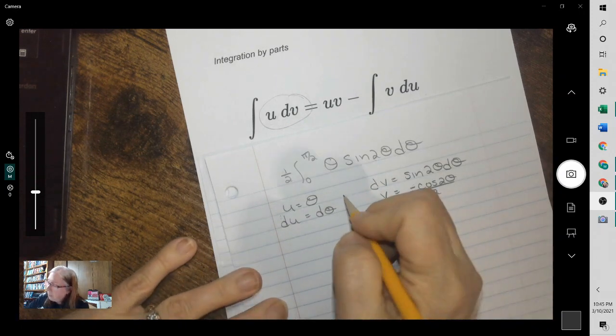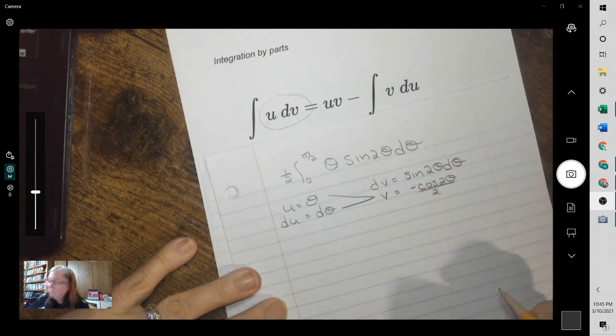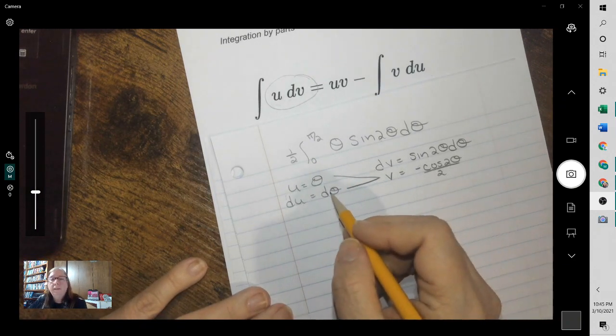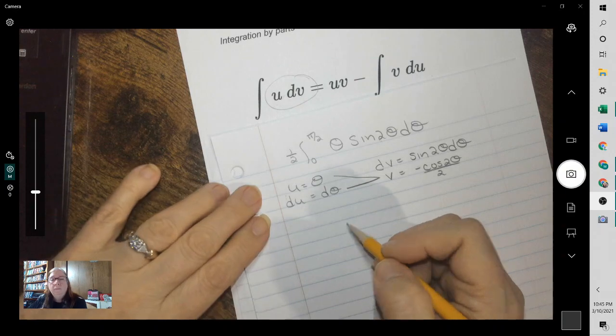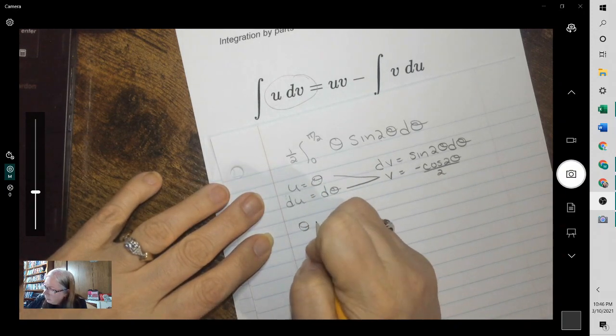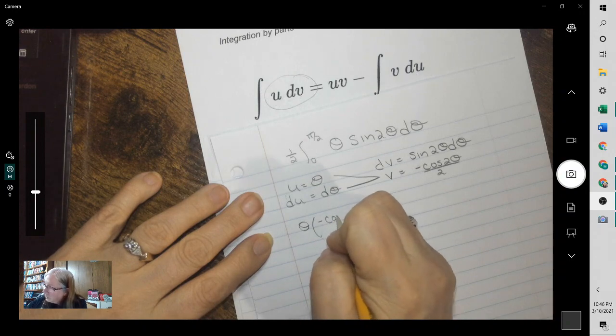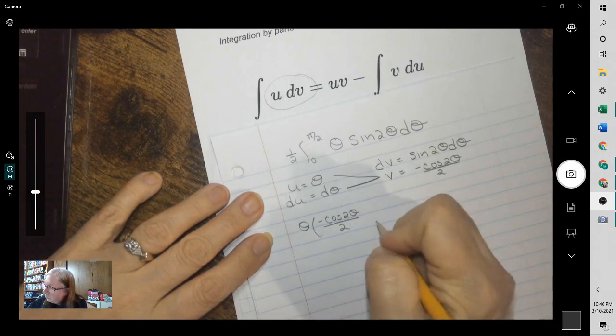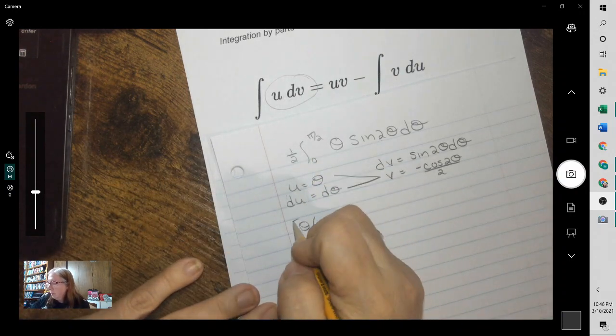Okay, and then we go across and down. It's theta times negative cosine 2 theta over 2. And don't forget your 1/2.